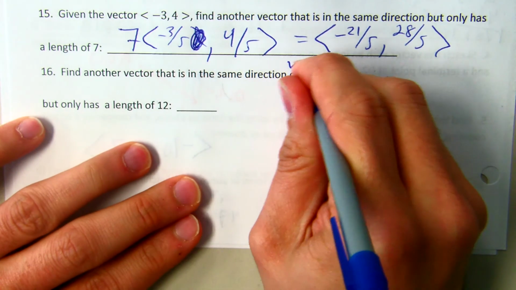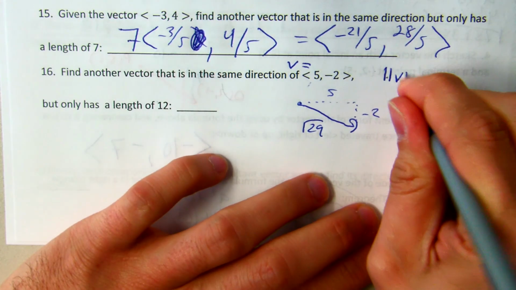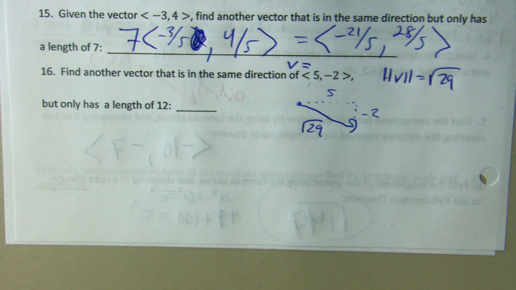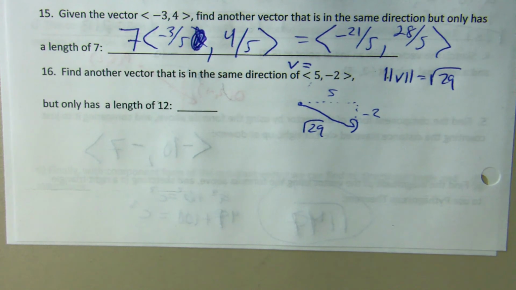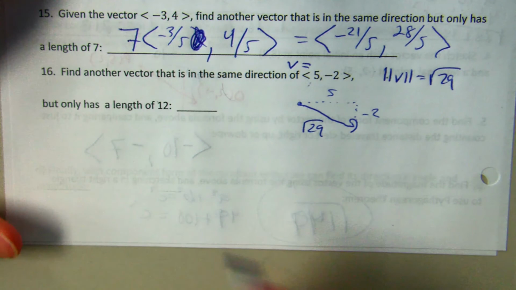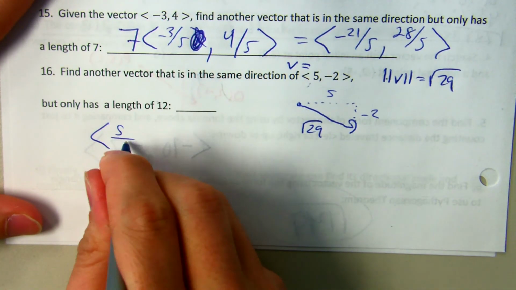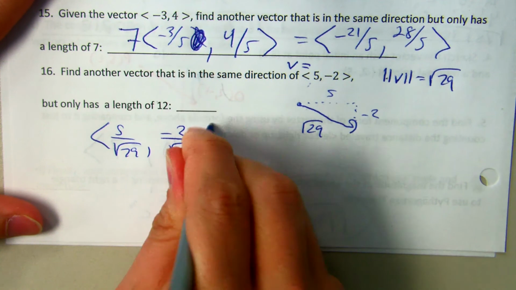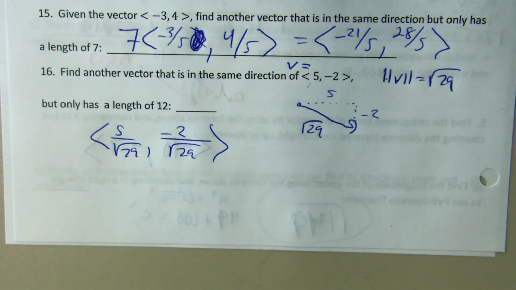So if this guy is d, the magnitude of d is the square root of 29. So how can I change it from having a magnitude of square root of 29 to having a magnitude of 1? Divide by the square root of 29. Technically that does have a length of 1 now, and more importantly, it doesn't change the direction.